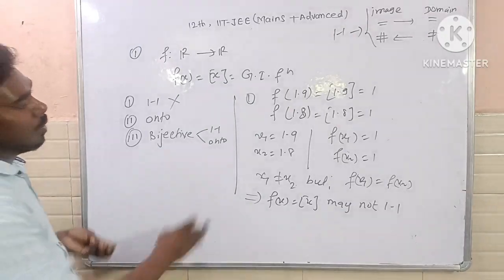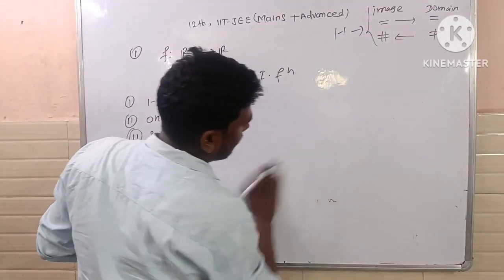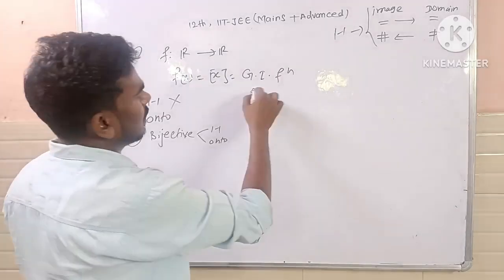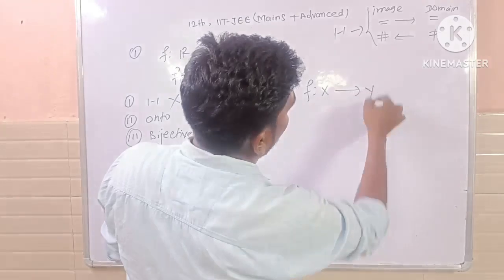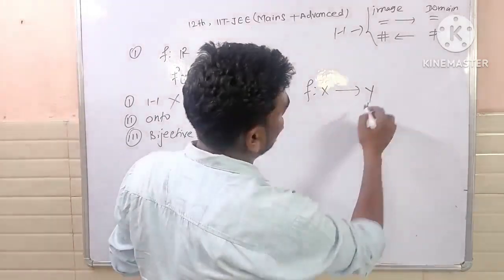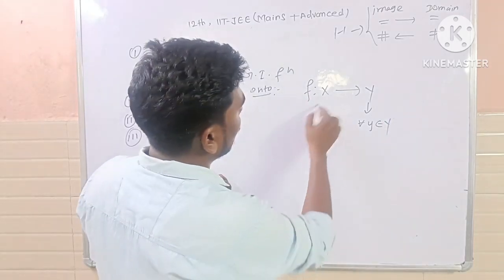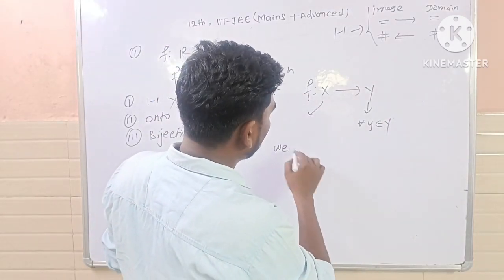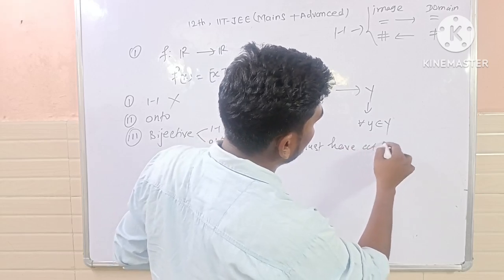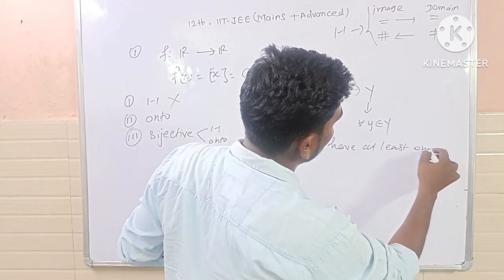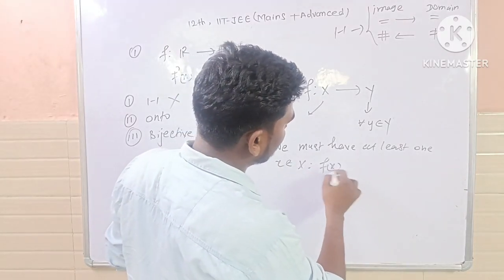Now come to the onto function. What does the onto function say? Let me clarify this in a very easy way. What does the actual definition of an onto function say? For all y belonging to the codomain, we must have at least one x belonging to the domain such that f of x equals y.